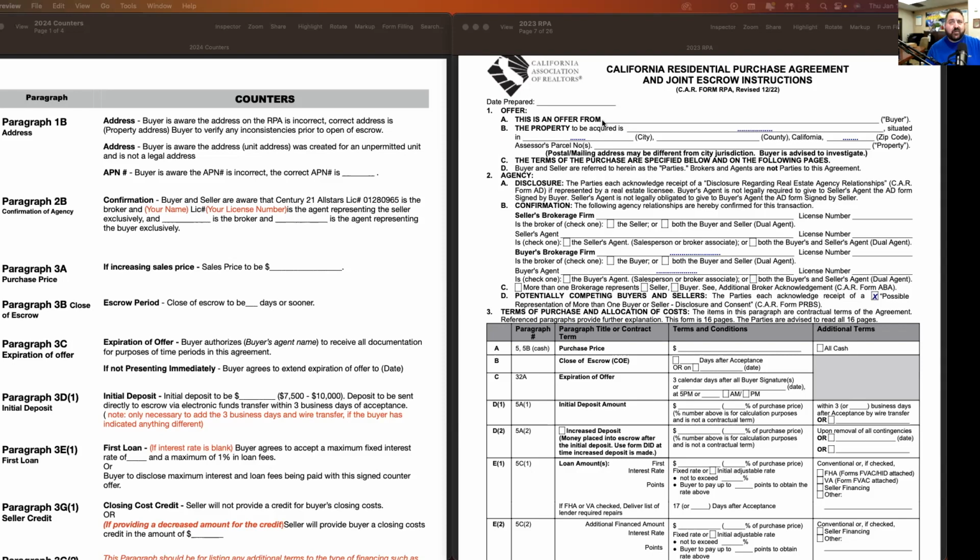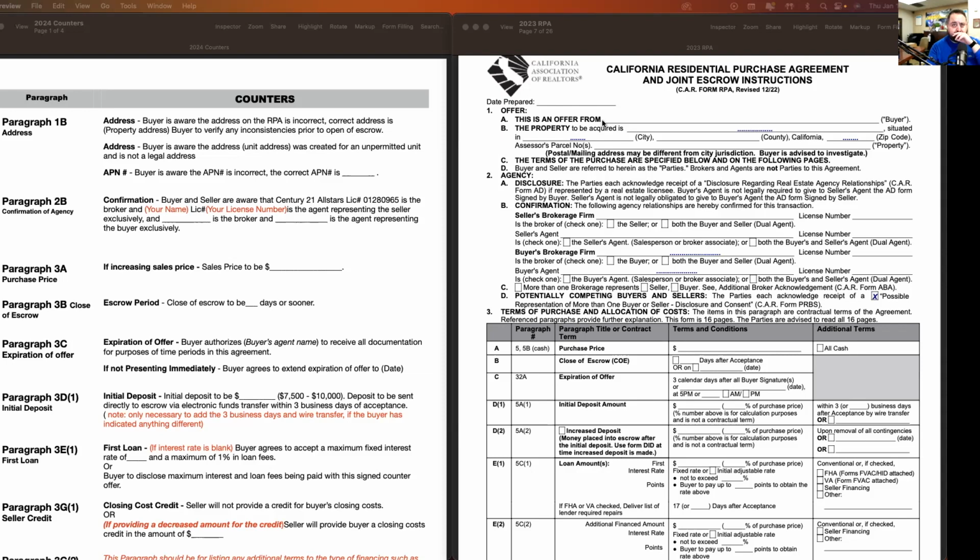So technically, our first counter really is going to be paragraph 1B, which is the property address. As listing agents, we've got to make sure we're paying attention to what that property address is, because it's really easy. I would almost guarantee there are people on the class listening right now who have in the past written an offer where there was some kind of error in the address, whether it was a misspelling of the street name or transposing some numbers.